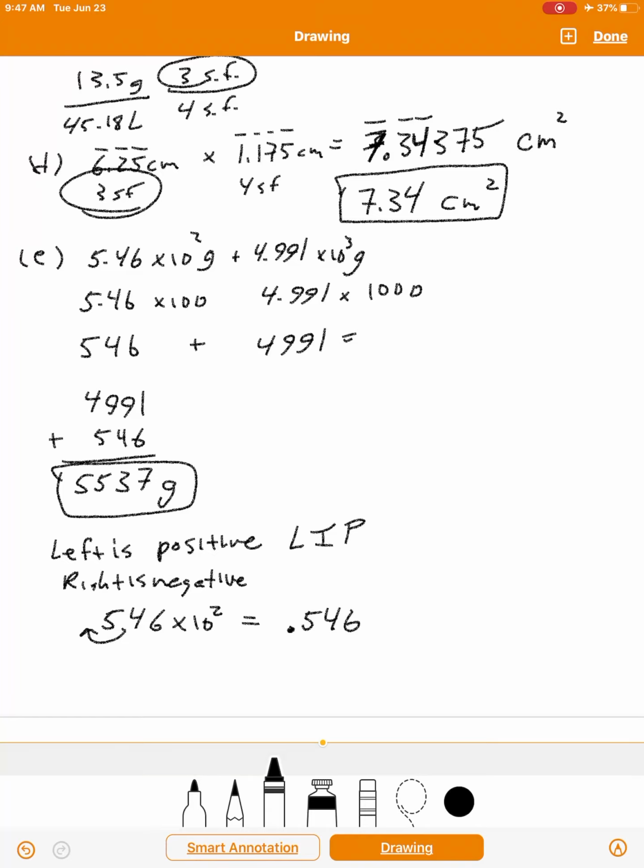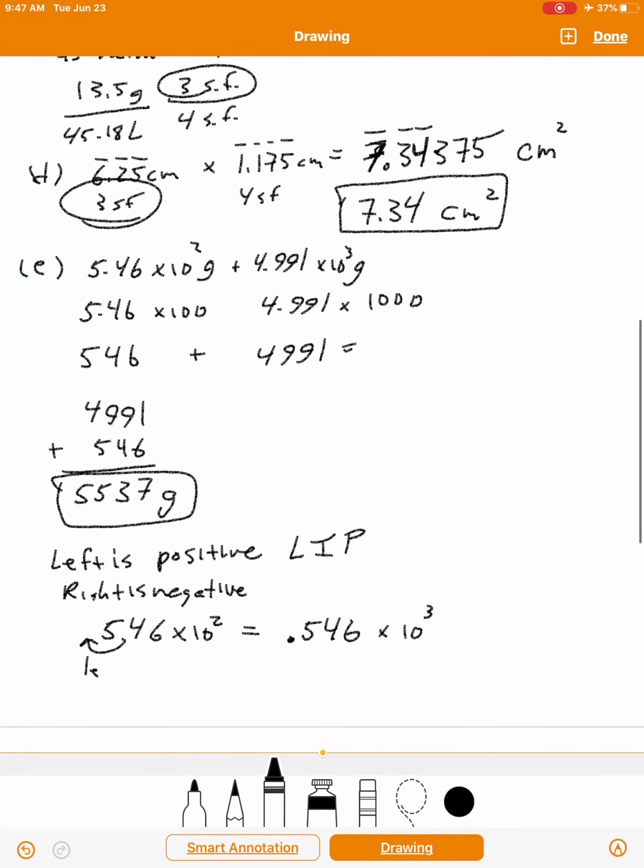Now, when you move the decimal point to the left, you change the exponent by the number of spaces that you move the decimal point. So if I move the decimal point one space, I change the exponent by 1. So 2 becomes 3. Left is positive, meaning if I move the decimal point to the left, the exponent becomes more positive. Okay?